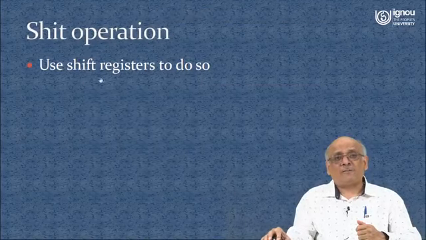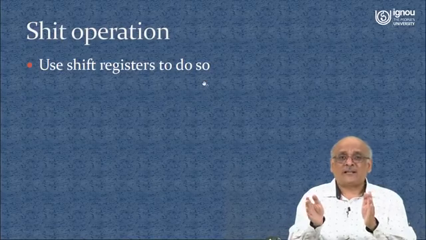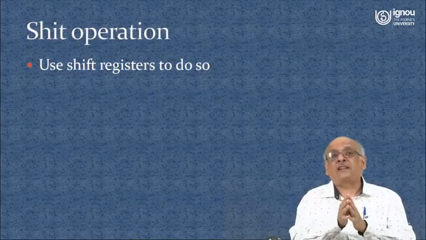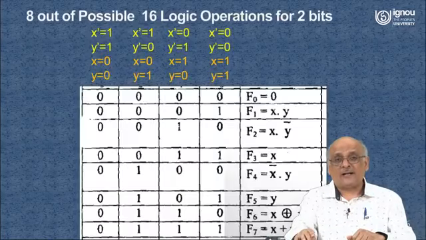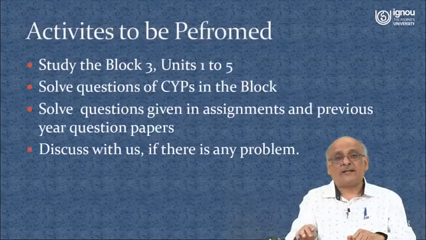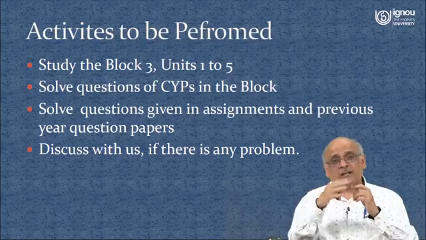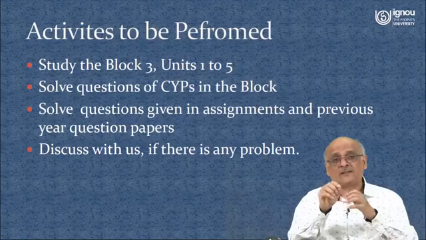As far as the shift operation is concerned, it is as simple as a shift register. So you have to use a shift register, which can shift either towards the left or to the right, and additional circuitry will be required if you want shifting controls, so that you can circulate and do whatever kind of operation is required.